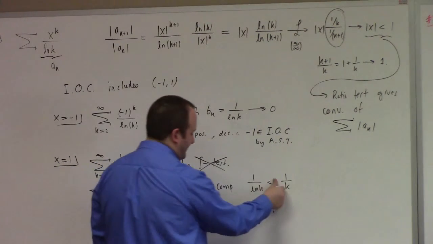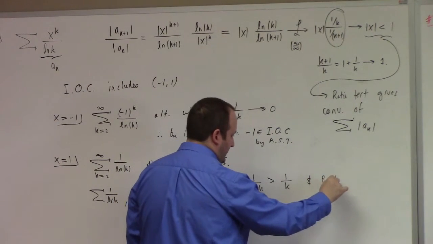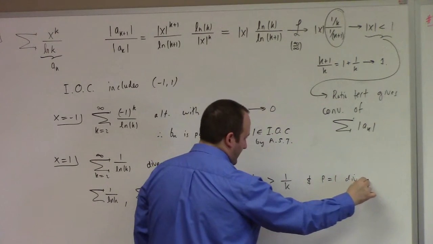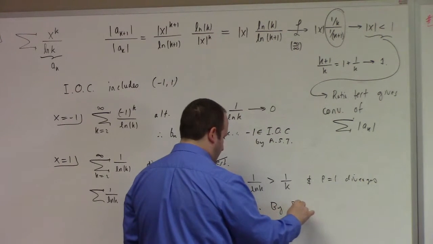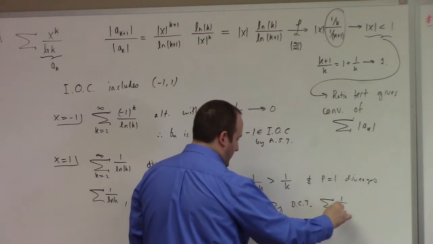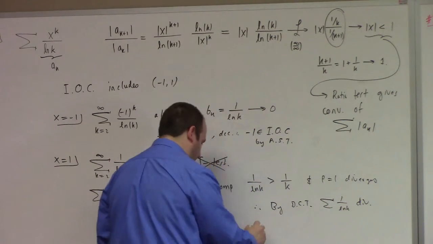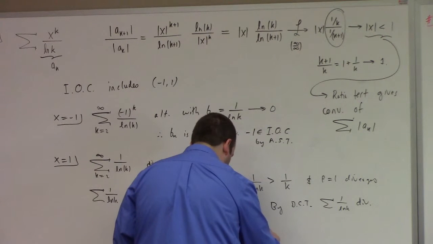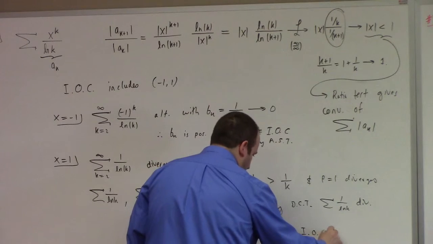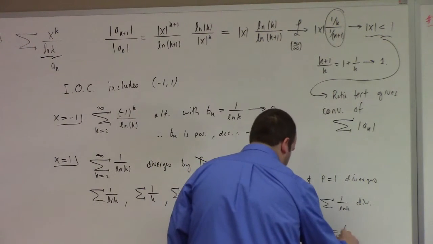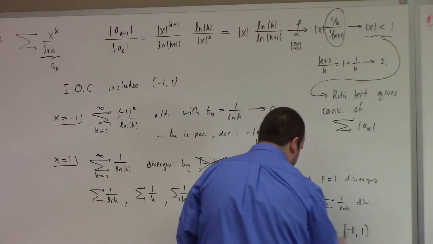And p equals 1 diverges. Therefore, by the direct comparison test, the sum of 1 over log k diverges. Okay, so in summary, the interval of convergence is equal to minus 1 included to 1 excluded. There you go.